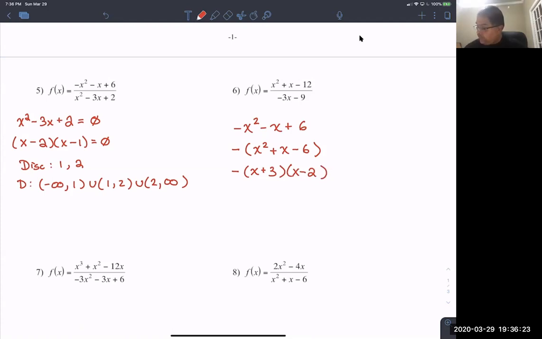So f of x equals the factored numerator over the denominator, which I had already factored in order to find my discontinuities.